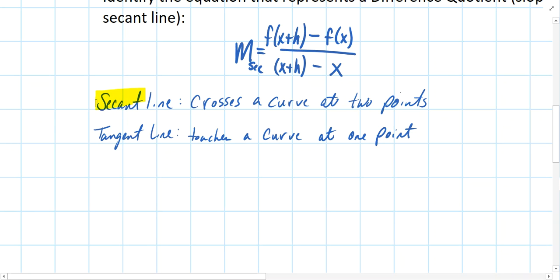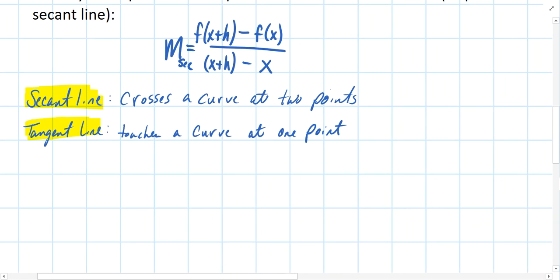This phrase secant, as we've talked about, represents a line. A secant line represents a line that crosses a curve at 2 points within a small window. A tangent or tangent line, on the other hand, touches a curve at exactly 1 point.